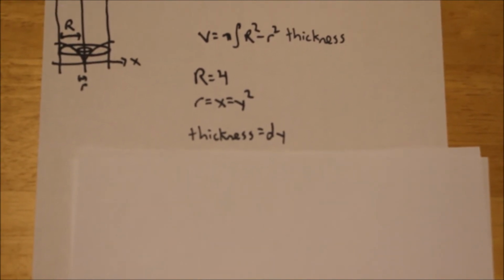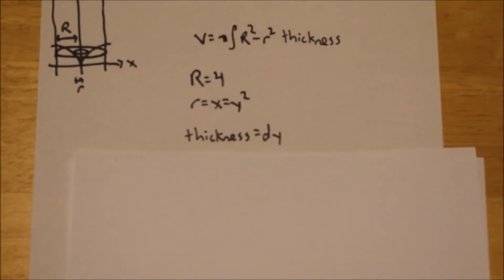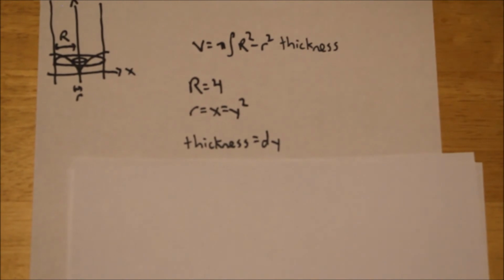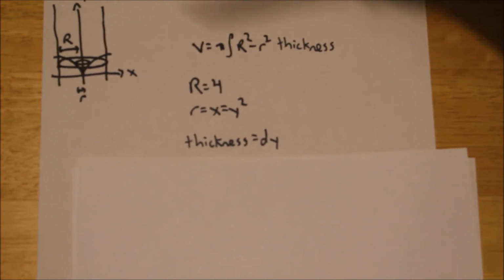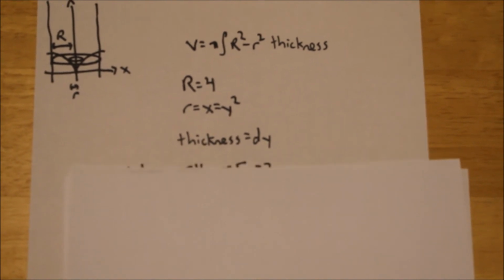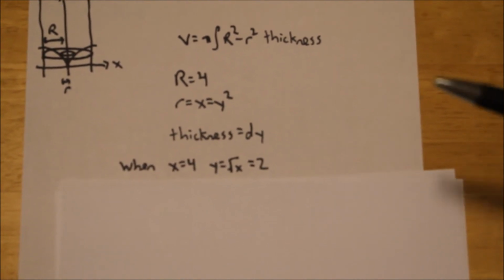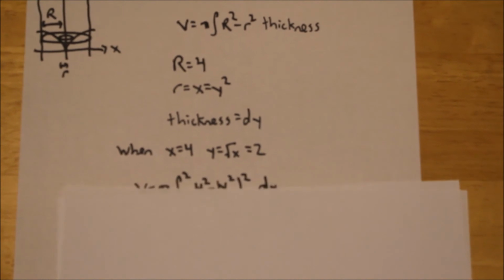So then, we want to find the bounds of the integral. So it's bounded at x equals 4, so when x equals 4, y equals square root of x, so y equals 2. So that means the bounds of the integral are going to be from 0 to 2.